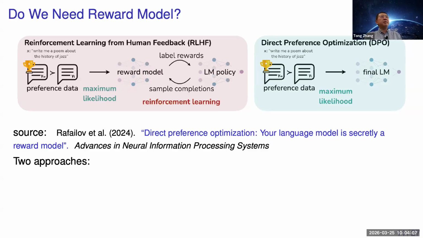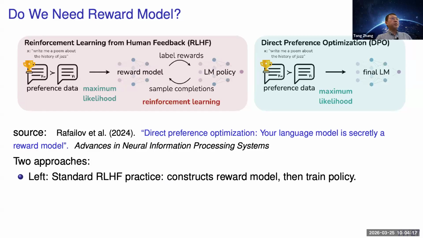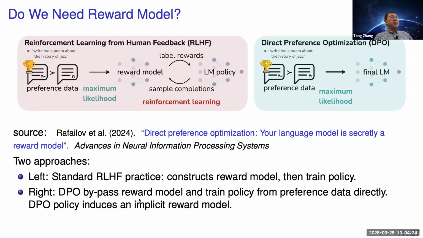Recall last time we mentioned they run into issues when you have a very large reward model. The question is, is that desirable? Two approaches: with a smaller reward model, you typically train on policy data that may not be the same. Here you bypass direct reward training and induce an implicit reward.